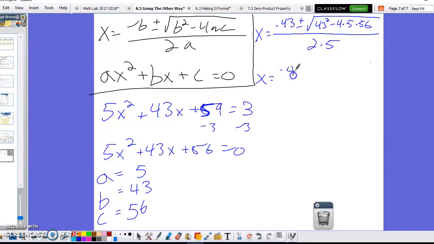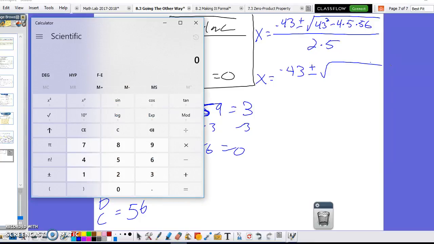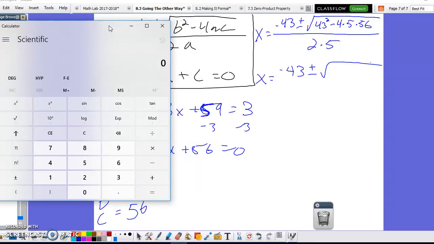Okay? So I'm going to grab my calculator here, and I can do it right here on the screen. 43 times 43, not one I have memorized. 1,849. Okay, I also need to do 4 times 5 times 56.